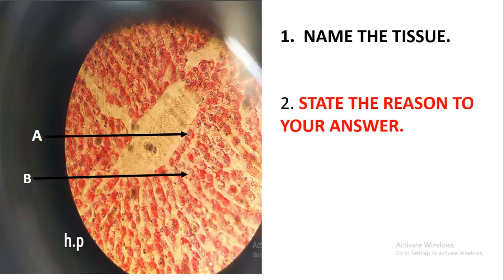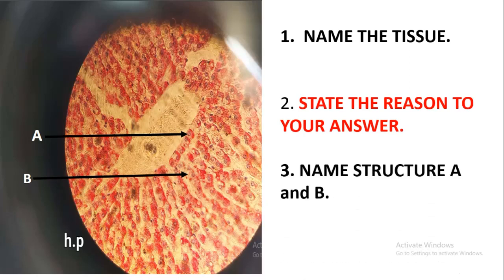There are other reasons, but here you can see the prominent nucleus, and you can also see the glycogen granules which have been stained red by PAS. Name structure A and B. Structure A is the nucleus, and structure B are the glycogen granules which have been stained red.